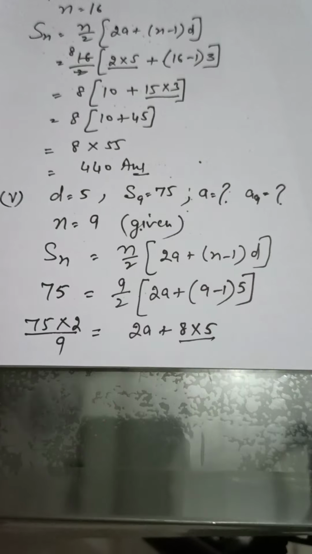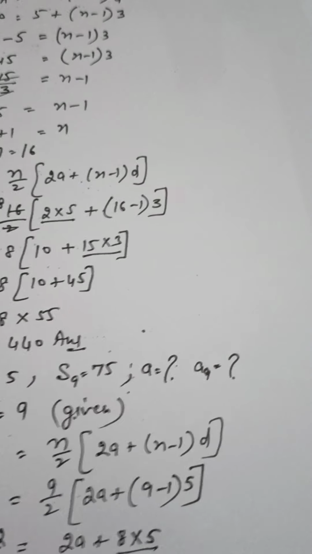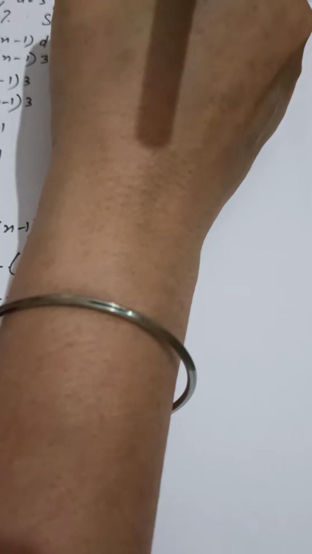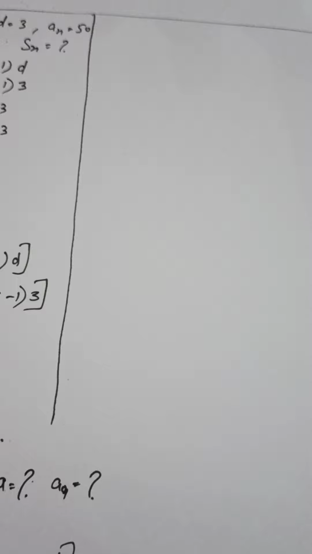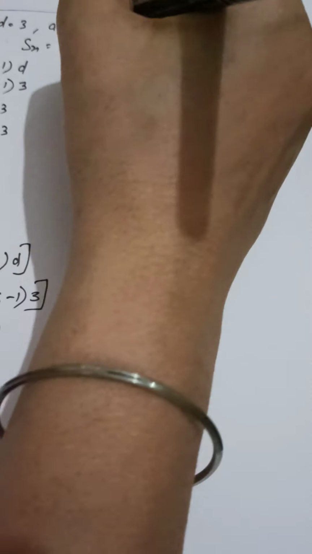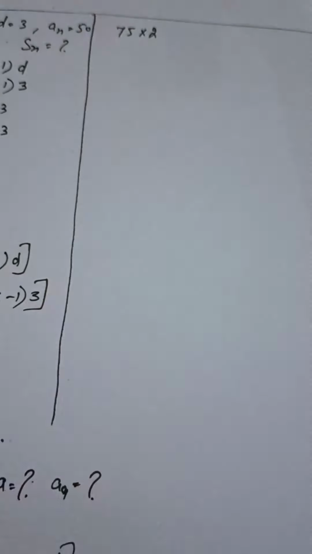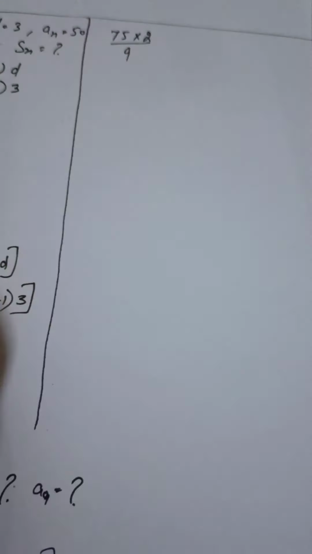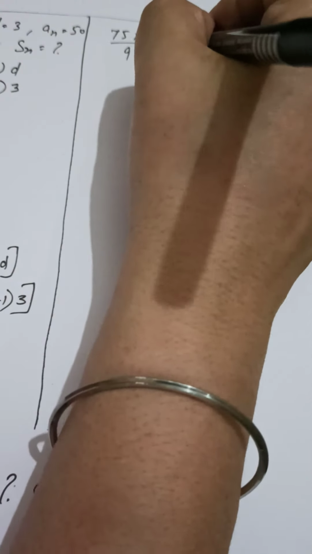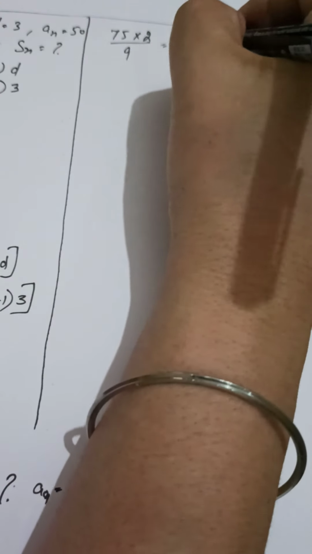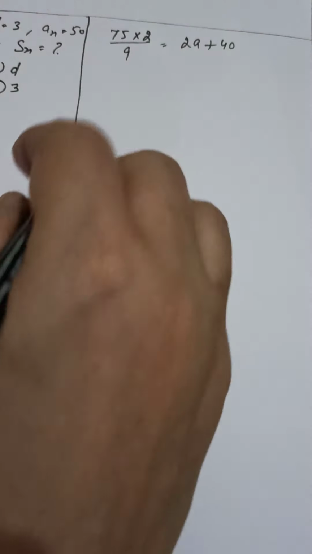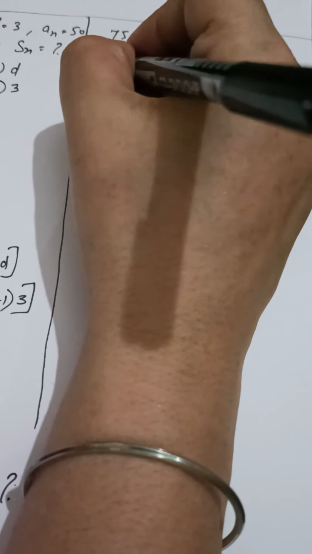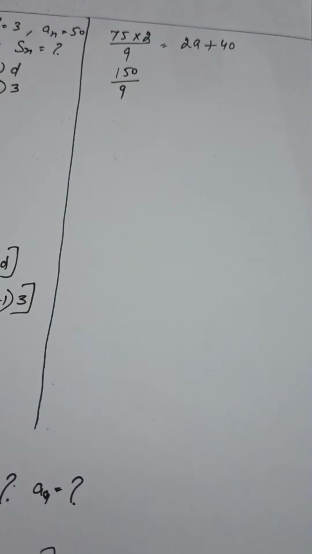We will multiply these and get 75 multiplied by 2 upon 9 is equal to 2a plus 40. So that becomes 150 upon 9 is equal to 2a plus 40.